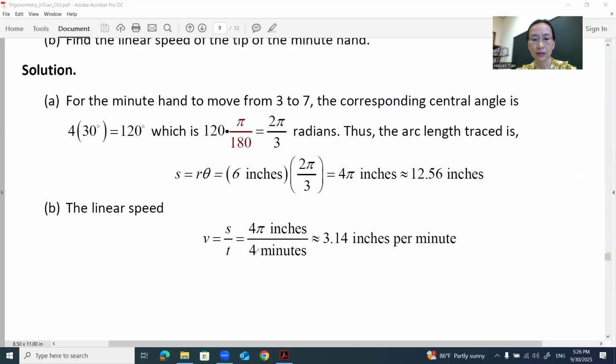So each unit of time, that means per minute, it travels just pi inches per minute, which is approximately 3.14 inches per minute. So we use this formula for linear speed to calculate how many inches the tip of the minute hand travels per unit time.